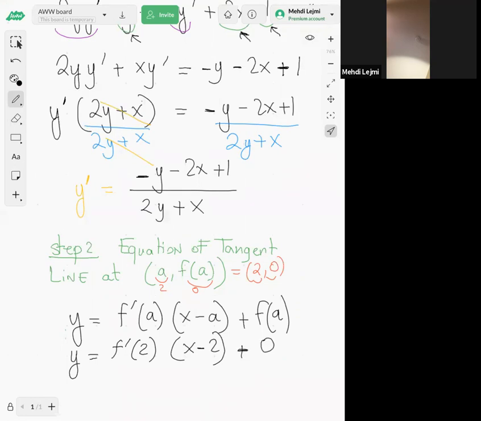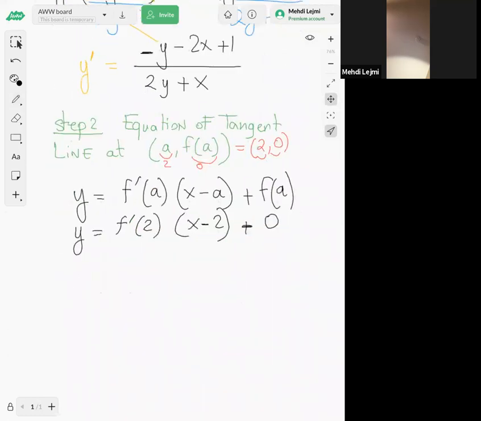Right. Now the only thing missing here is the f prime of 2. To find this f prime of 2, we're going to use the first step. So in step 1, you have your y prime, that's the derivative of your function. Y prime is like f prime.